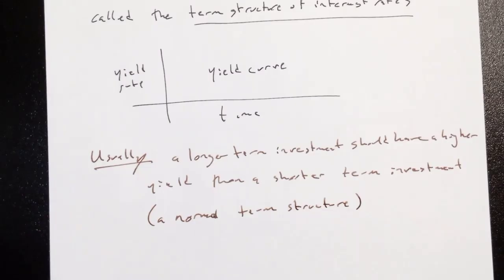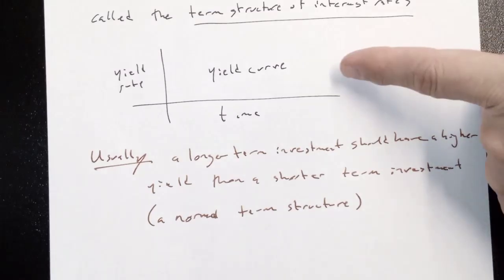What should the picture look like in this case? What would you expect to see if this is our structure in this picture up here?